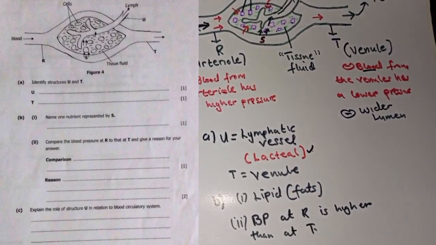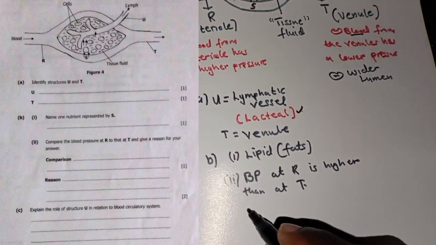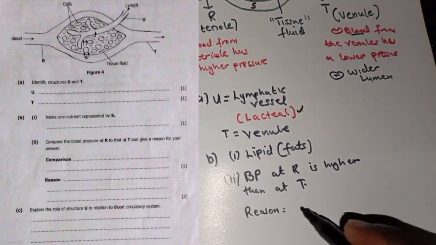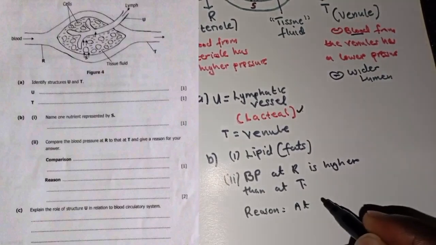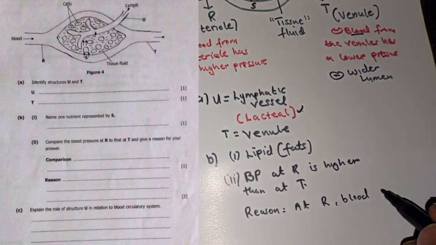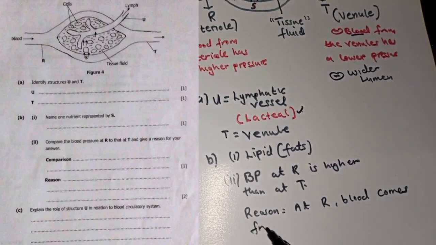Now the reason is what I was telling you. The reason is that at R, blood comes from the artery.